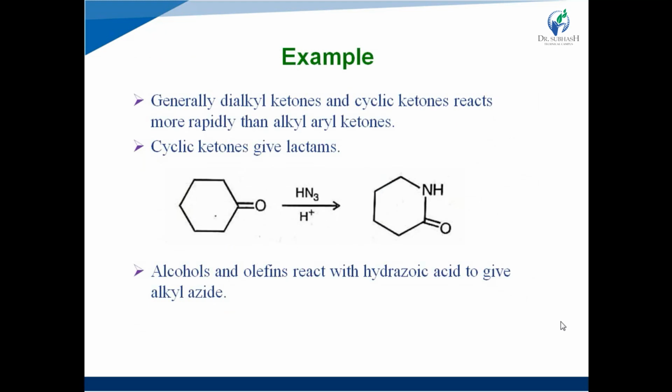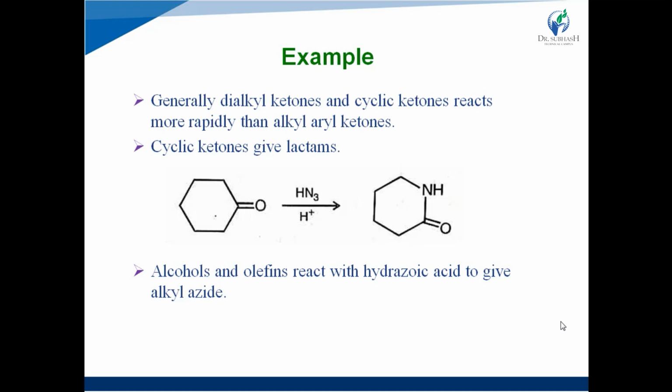Now examples: generally dialkyl ketones and cyclic ketones react more rapidly than alkyl aryl ketones. Dialkyl ketones, that means the CO ketone group is attached to 2 alkyl groups, and alkyl aryl ketones, that means the CO ketone group is attached to 1 alkyl and 1 aryl group, right?